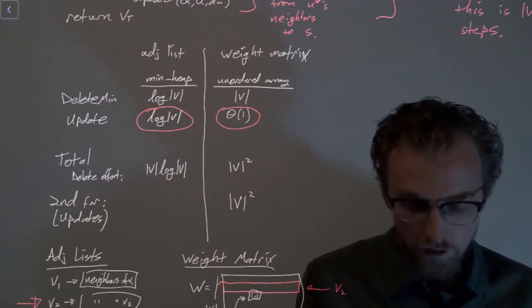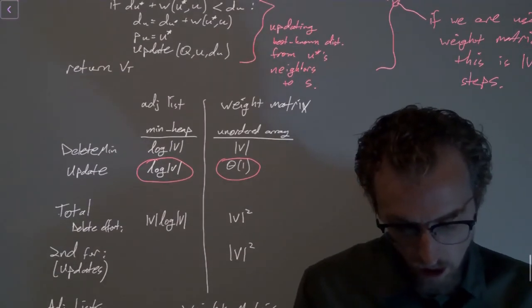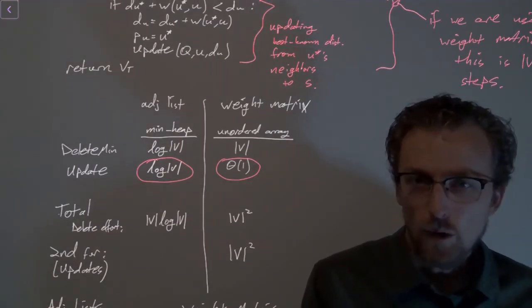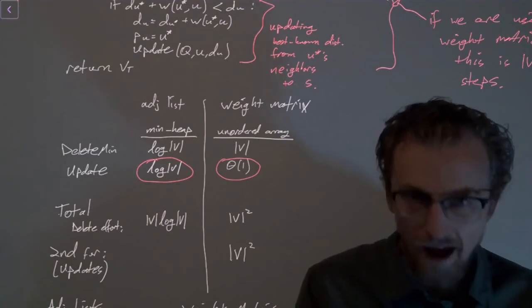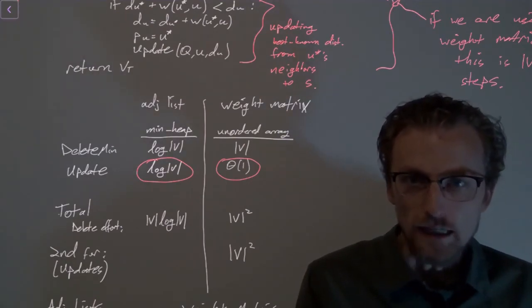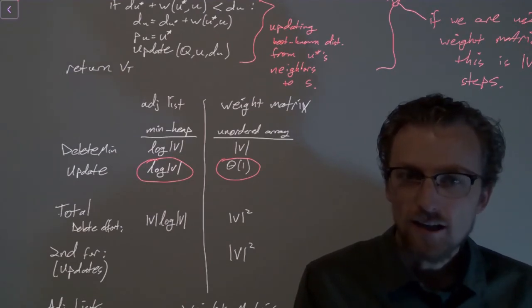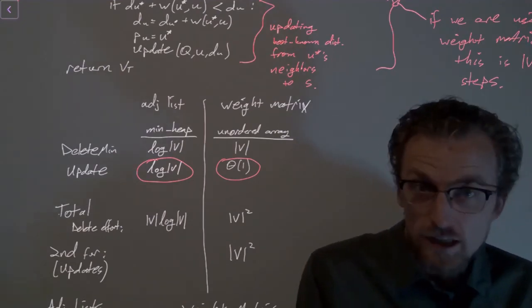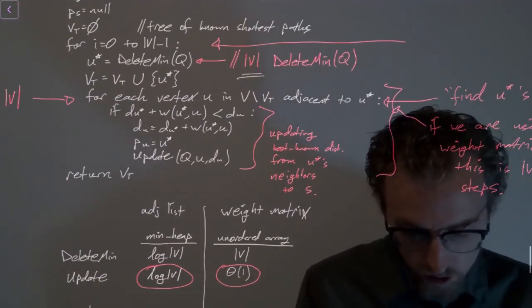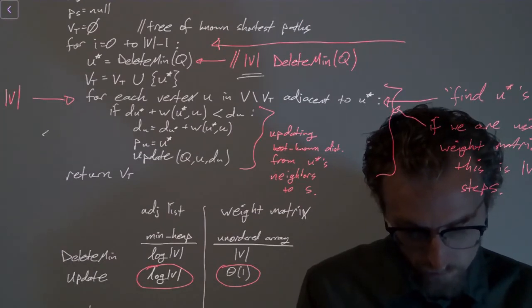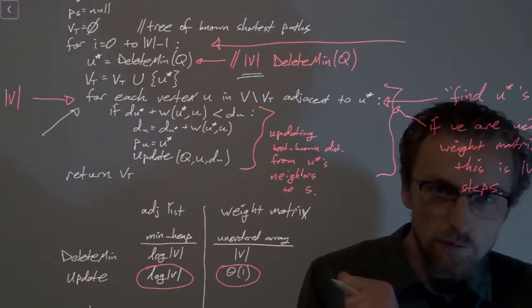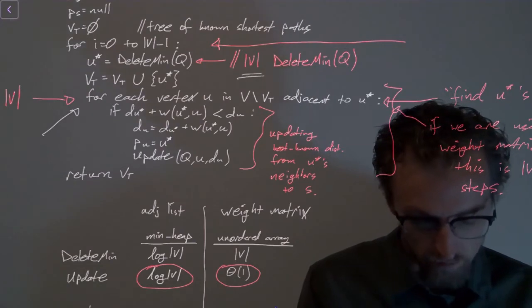What's going to happen? Well, the nice thing about the min heap is that updates don't cost too much, but we want to make sure that we don't have an extra factor of log V multiplied onto this V squared. We want to see if we can keep this down. So we'll use adjacency lists that reduce the length of this for loop, reduce the number of ticks in this for loop every time it runs.